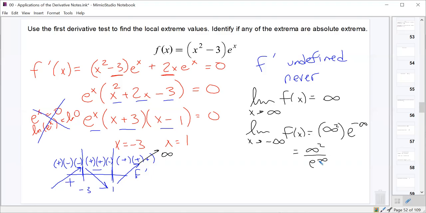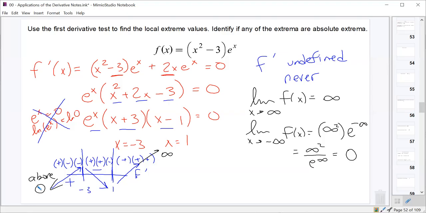And we know that e to the infinity increases more rapidly than infinity squared. Infinity isn't really infinity, it's just some large x value. This denominator is going to get larger much more quickly than the numerator, which means this is 0, which means this is actually going down, but always staying above 0. So we need to keep that in mind when we're thinking about absolute minima.